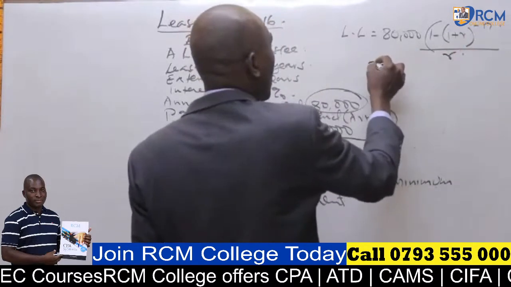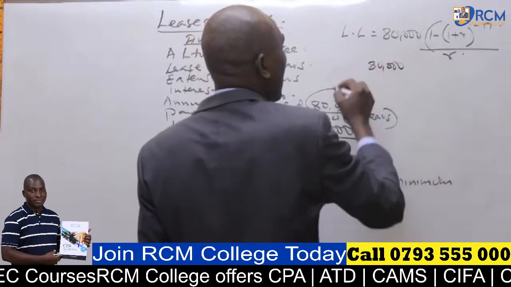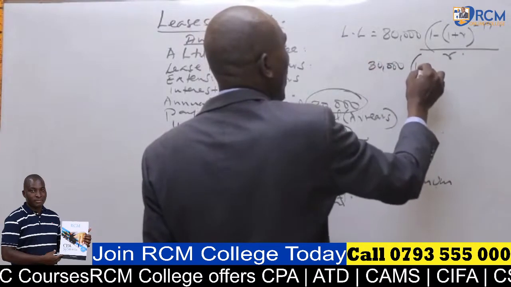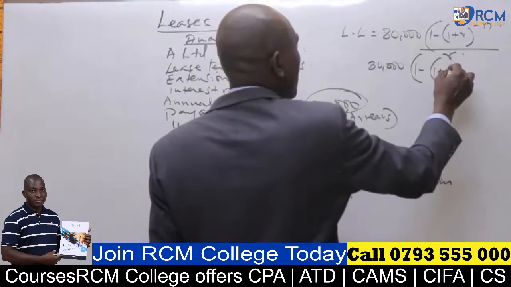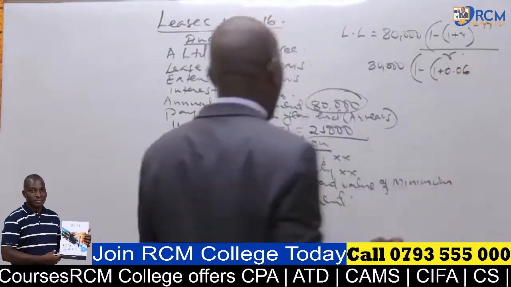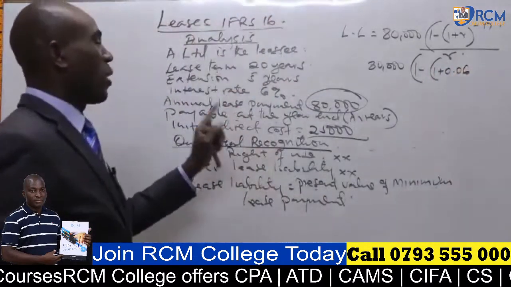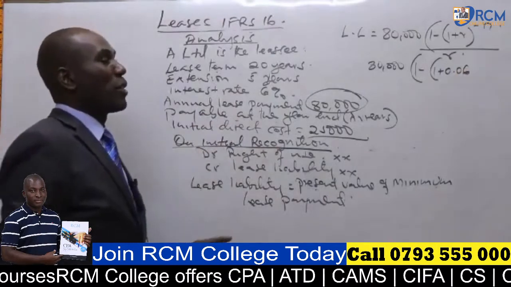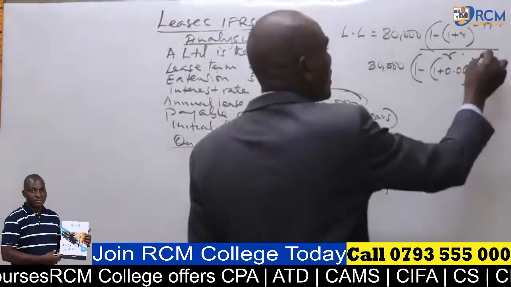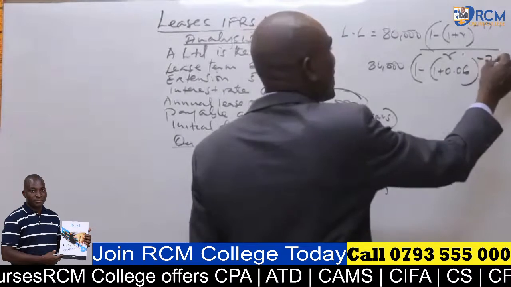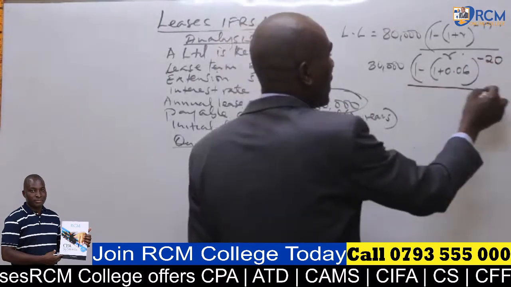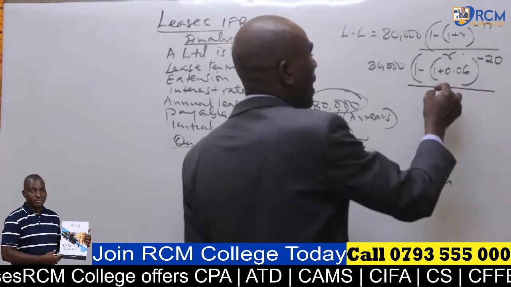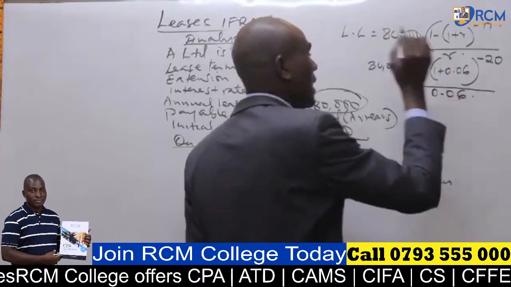Now it will be 80,000 into 1 minus (1 plus 0.06), our interest rate of 6%, raised to negative 20, the lease term N, then divided by 0.06.